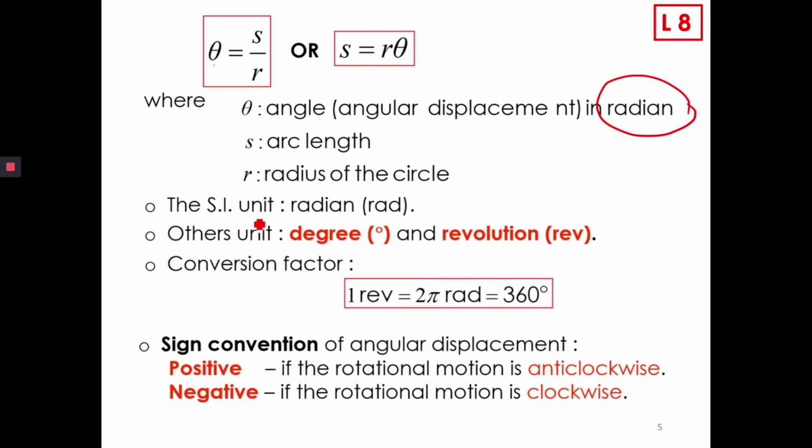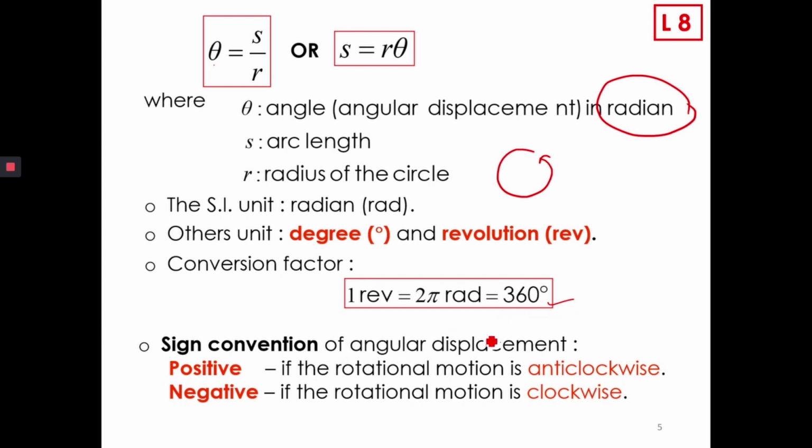The SI unit for angular displacement is radian, but theta can also be represented in degrees and revolutions. One revolution, one complete cycle, is 2 pi radian, which equals 360 degrees.